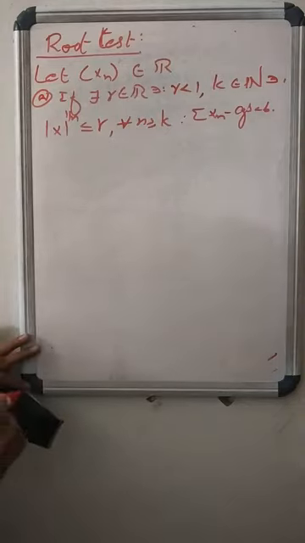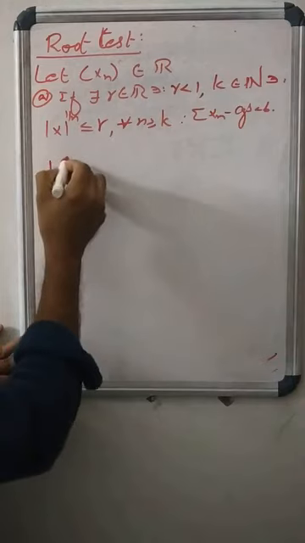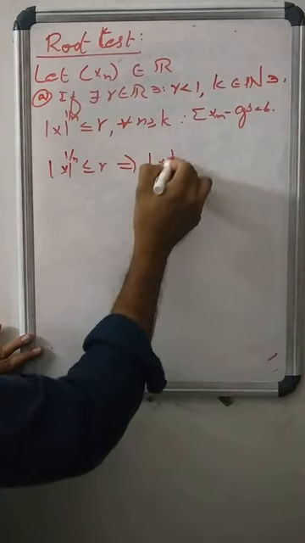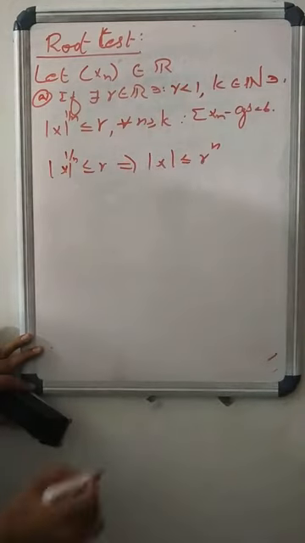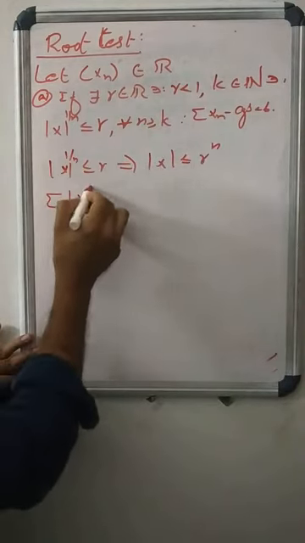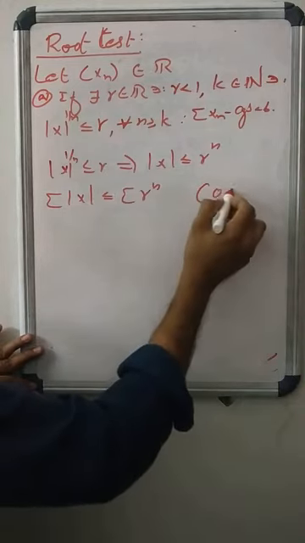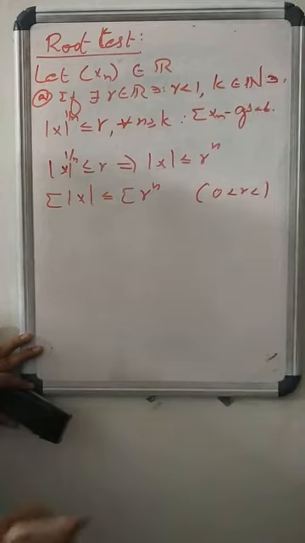Its proof is immediate. Why? We have mod xn power 1 by n less than or equals R. That means modulus of xn is less than or equals R power n. So sigma mod xn is less than or equals sigma R power n. What is R? R lies between 0 and 1, R less than 1.